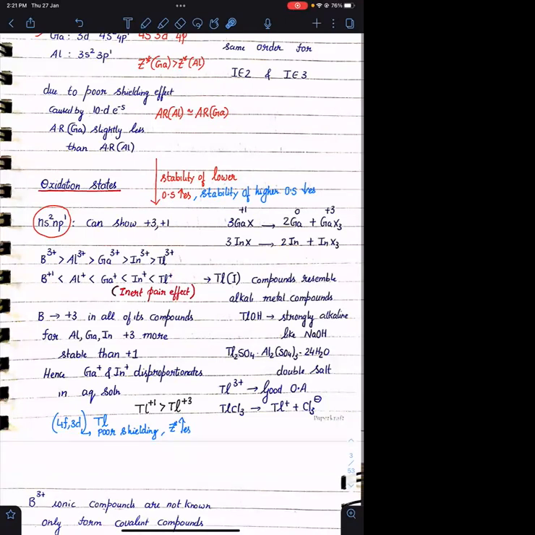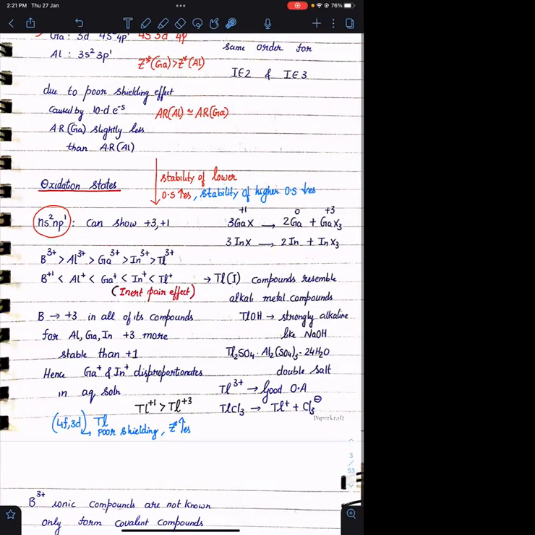So यहाँ पे यही लिखा, boron जो है it has +3 oxidation state in all of its compounds because इसका +3 ज्यादा stable है. बाकी aluminium, gallium, indium जो है +3 is more stable than +1, but they are able to have that +1 oxidation state. Okay. बाकी सब जो है they are able to have +3 as well as +1, but +3 is more stable.